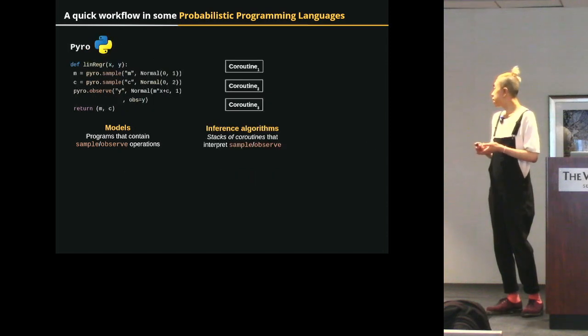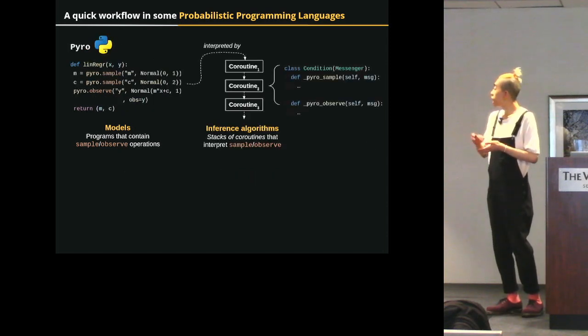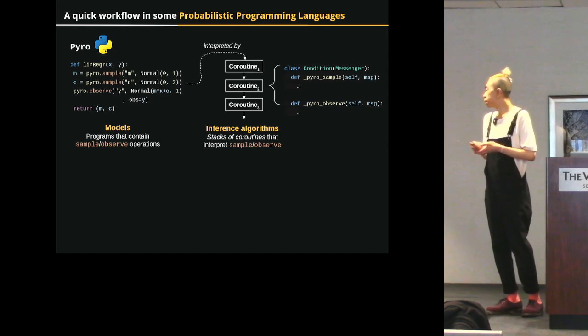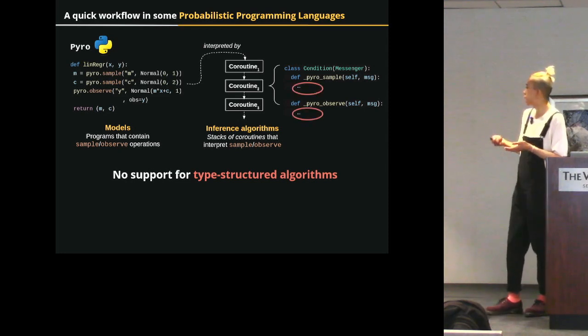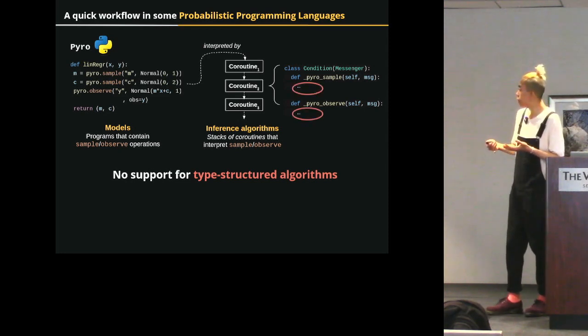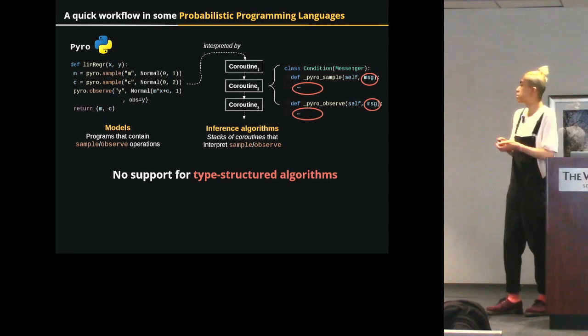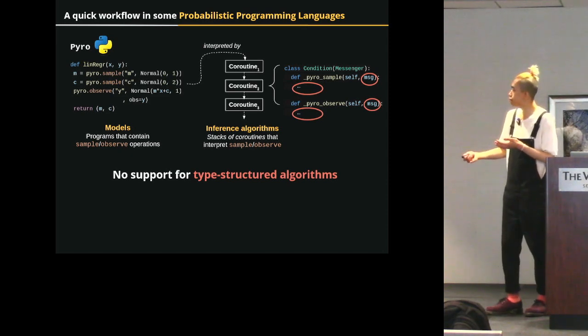So let's instead consider Perera then. Here, algorithms are coroutines that you can program yourself. But like the other languages, the approach still isn't typed. So this means there's nothing restricting what sample and observe should do, and nothing telling us what information they pass. So it's easy to have one bad coroutine corrupt the entire algorithm.